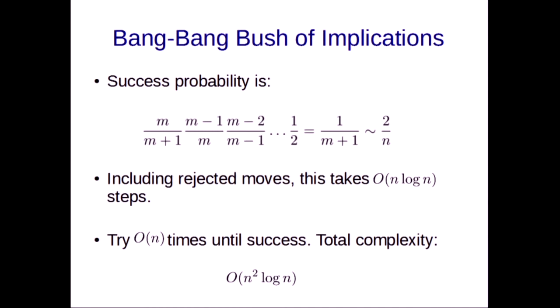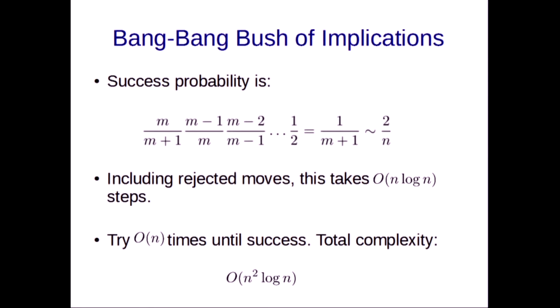And so how long does it take to carry out this process? Well, we have order n bits that we have to flip. So it's kind of like n steps, except there's also these rejected moves. Flipping one bit actually happens after you make a few rejected moves first, and that adds an extra log factor to the complexity. And so we need to repeat this process order n times to get it to work.